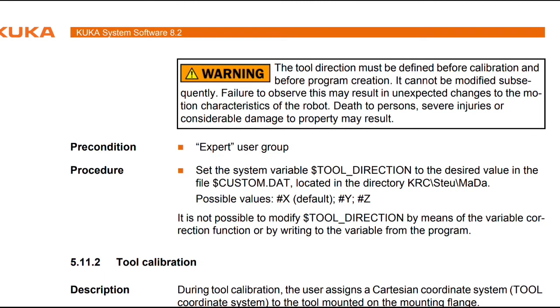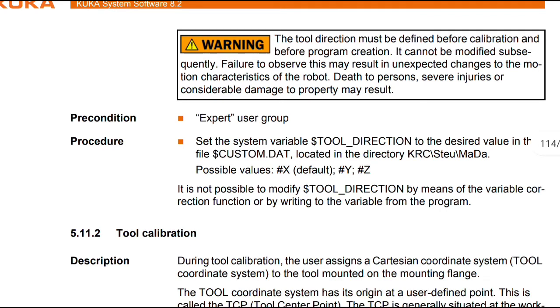Warning: the tool direction must be defined before calibration and before program creation. It cannot be modified subsequently. Failure to observe this may result in unexpected changes to the motion characteristics of the robot. Death to persons, severe injuries or considerable damage to property may result. Precondition: expert user group.